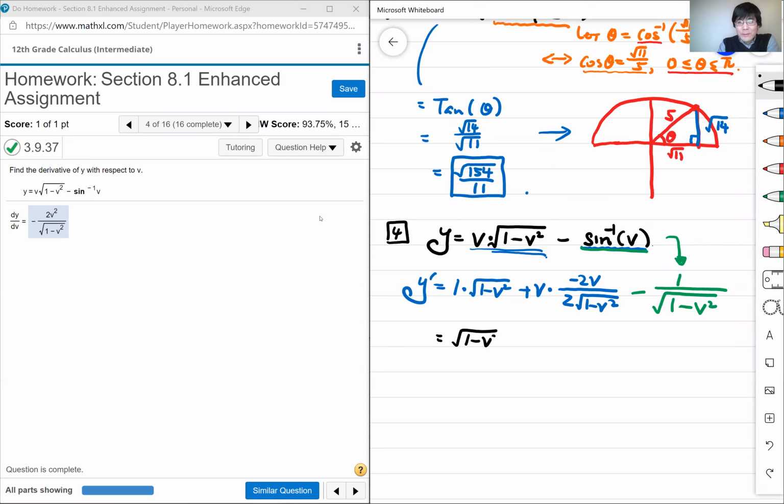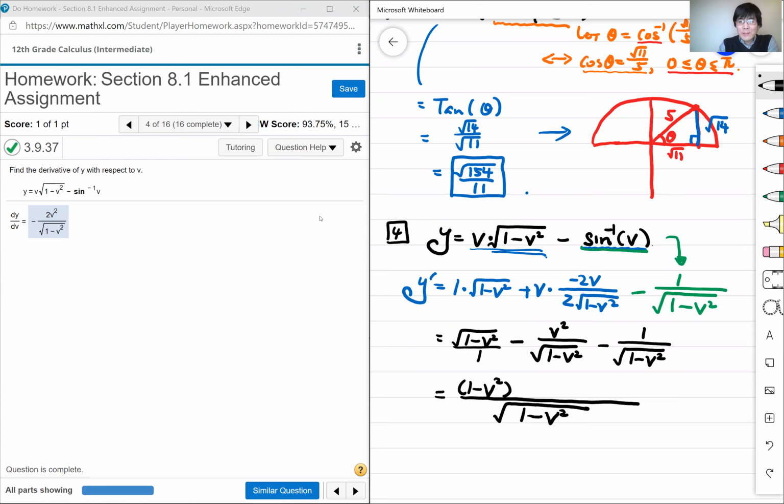So it's going to be square root of 1 minus v squared, minus v squared over square root of 1 minus v squared, minus 1 over square root of 1 minus v squared. Well, let's combine these terms by making the denominators the same, which means I multiply this one top and bottom by square root of 1 minus v squared.